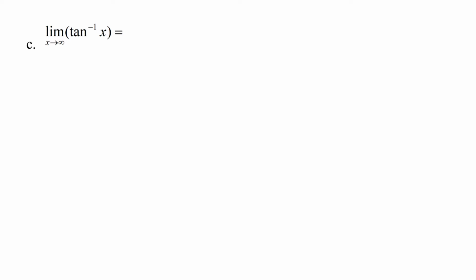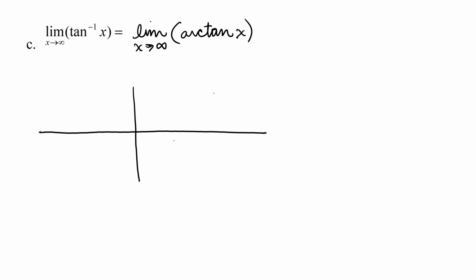Now we have the limit as x approaches infinity of inverse tangent of x, which honestly I prefer the notation arctangent. So we have arctan of x. The graph of arctan looks something like this, where we have a horizontal asymptote at positive and negative pi over 2.